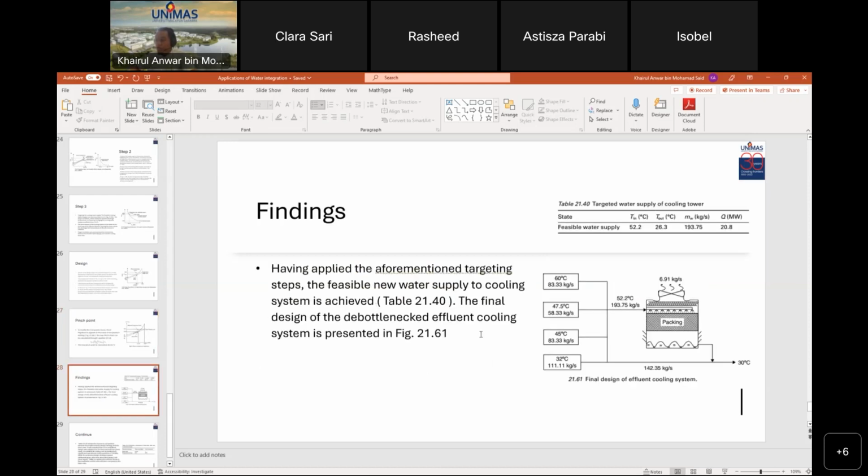Having the aforementioned targeting step, the feasible new water supply to the cooling system is achieved in table 21.4.